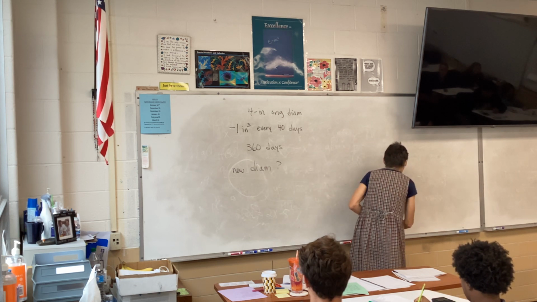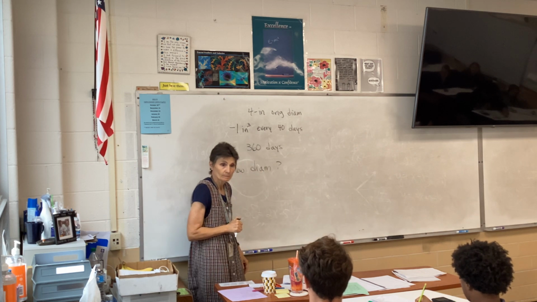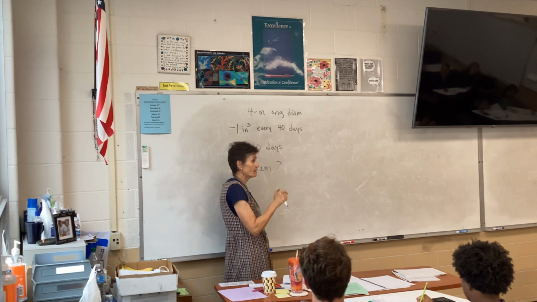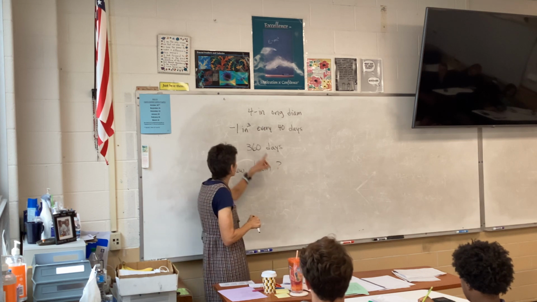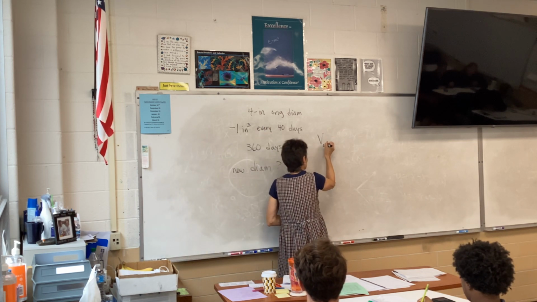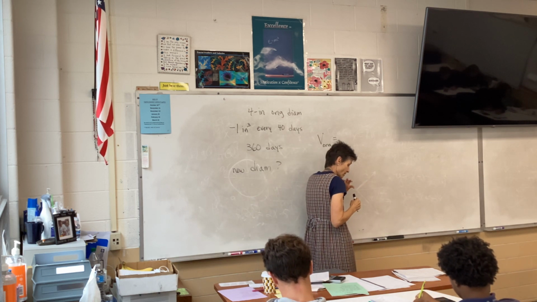Where shall we start? Do I need to find the volume of the original snowball? Because this is changing in volume. Okay, so what's the volume of the original? I'll denote it like this. It's a sphere.